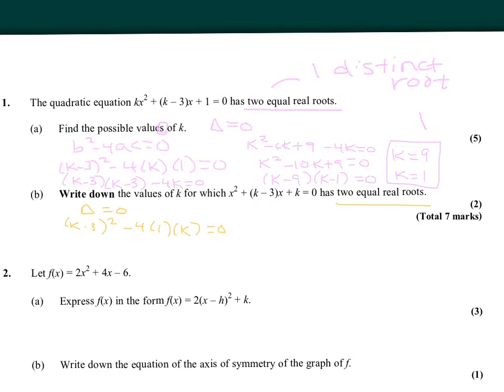Hopefully you're noticing, and what they want you to notice and not waste time resolving, is that it gives us the same equation as we solved up here. So no reason to solve it again. We get k equals 9 and k equals 1 on its own. They intend for you to recognize that they just basically asked you to solve the same problem, and they want you to notice that and not waste all your time. Notice that it's only 2 marks, so they're only planning on you spending 2 minutes on that.